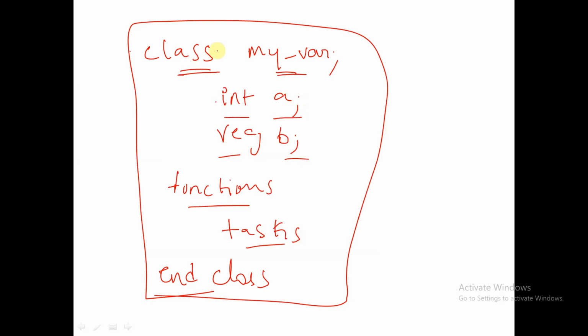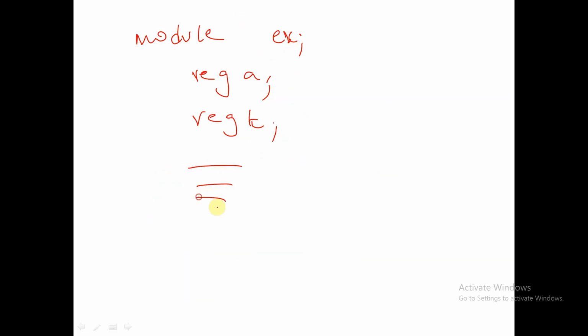So basically, I am declaring my own one class which is called my_var, and I am declaring int a, reg b, and I'm also declaring functions and tasks inside my class. So now some logic here and end module.